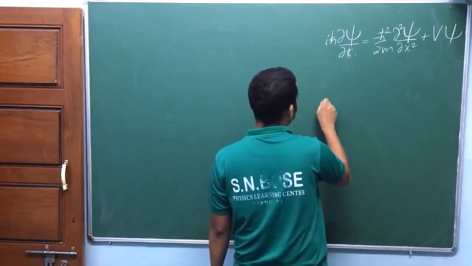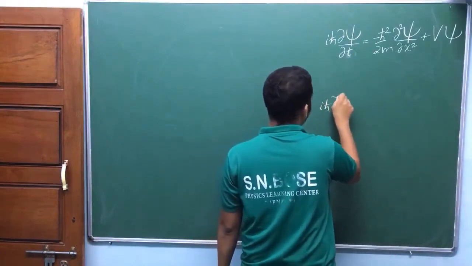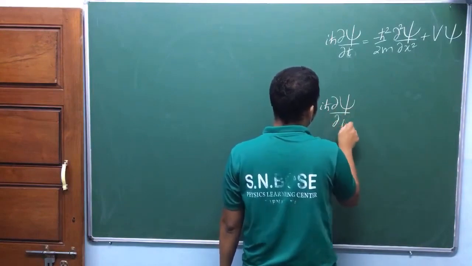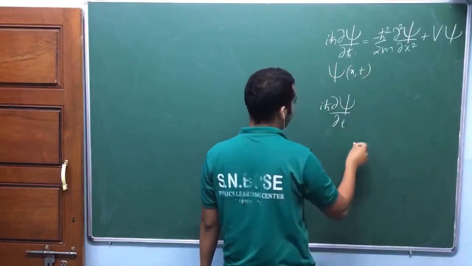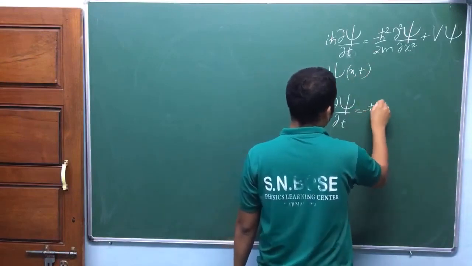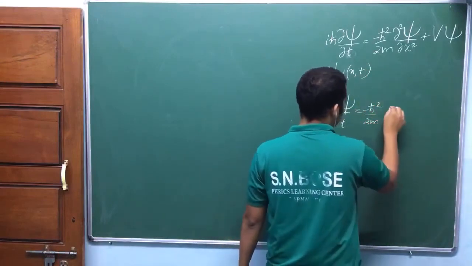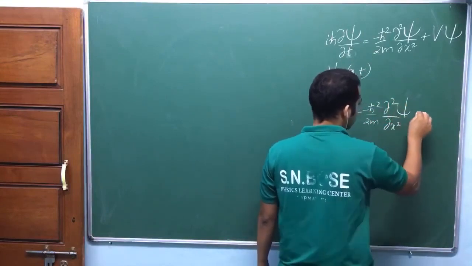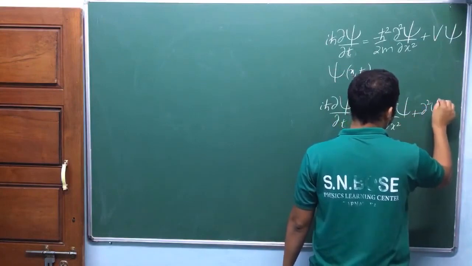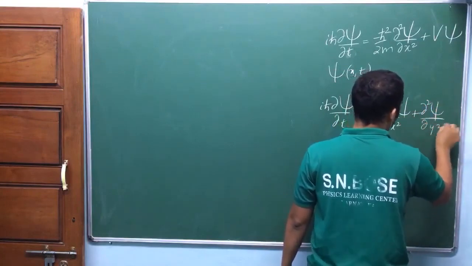In case of two dimensions, it would be like this: iℏ ∂ψ(x,t)/∂t is equal to −ℏ²/2m times ∂²ψ/∂x² plus ∂²ψ/∂y².